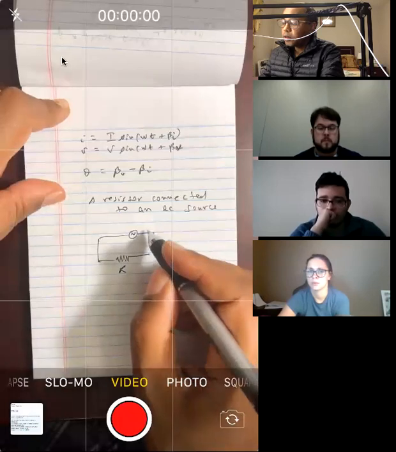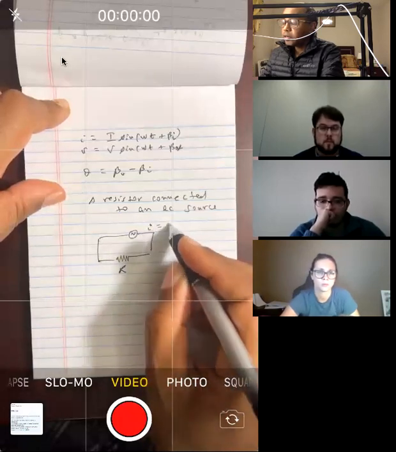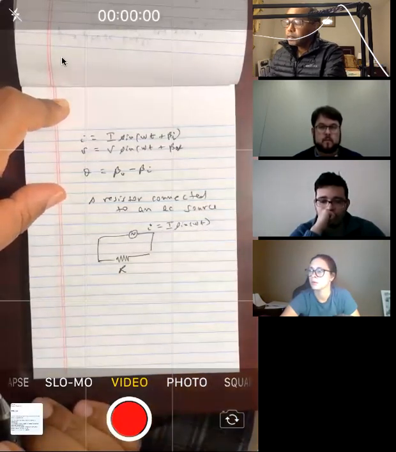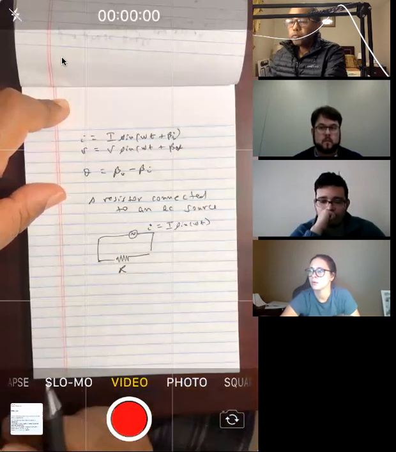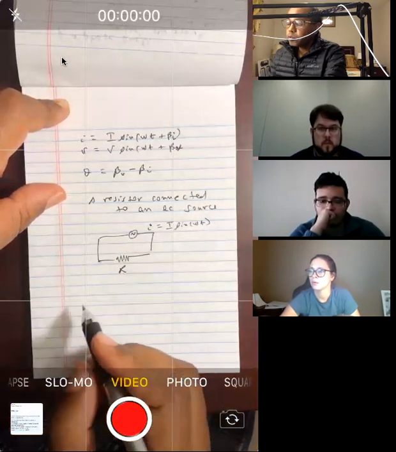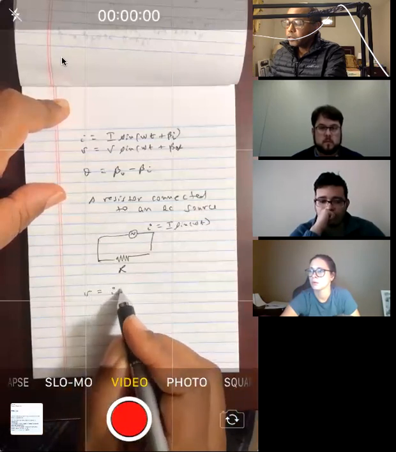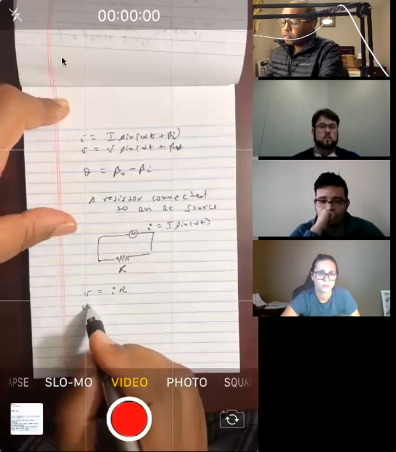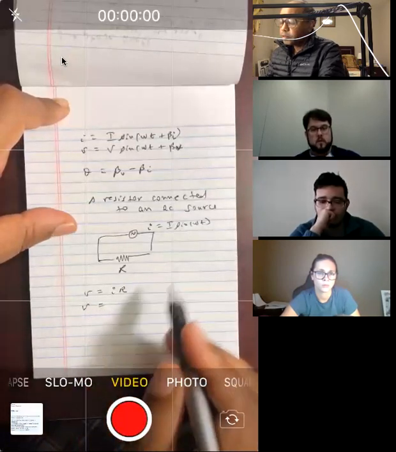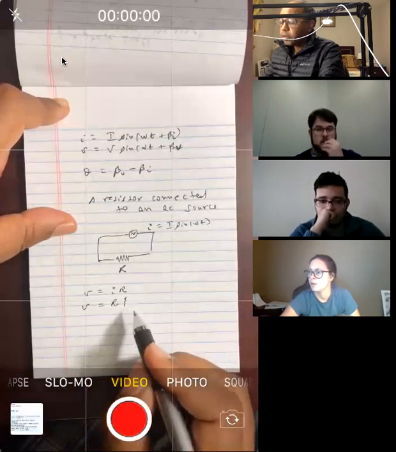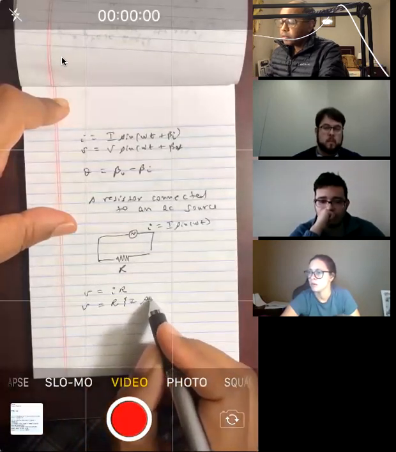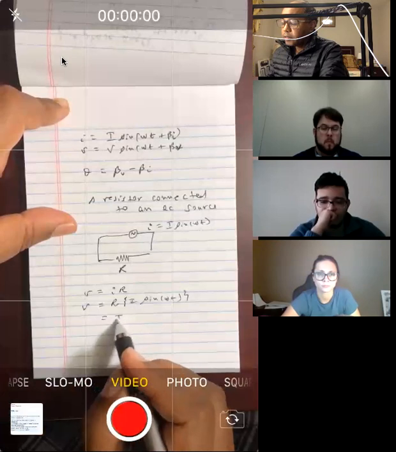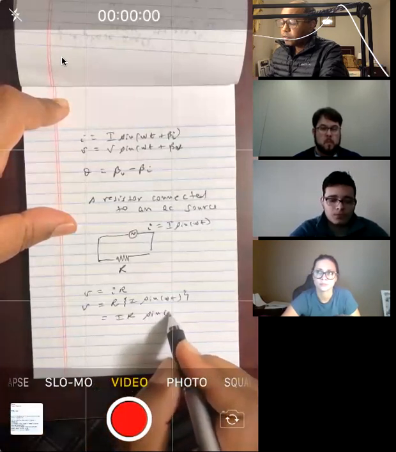Now, suppose the current of this signal is given by I sine omega t. From Ohm's law, remember, voltage equals current times resistance. So the voltage is R times the current, I sine omega t. So this is I times R, the sine of omega t.